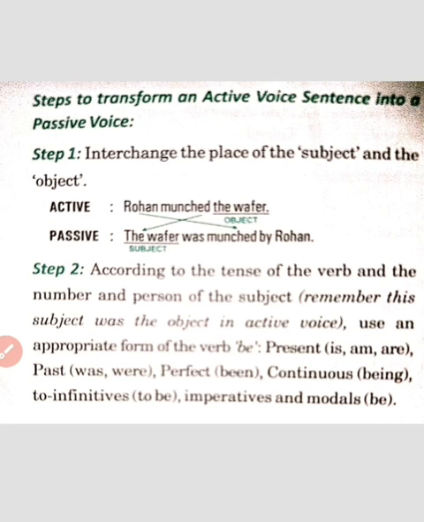So when we change from active to passive, the object, the wafer, will become the subject in passive voice, and the subject in active voice, that is Rohan, becomes the object in passive voice. So the first step is that we change the position of subject and object.